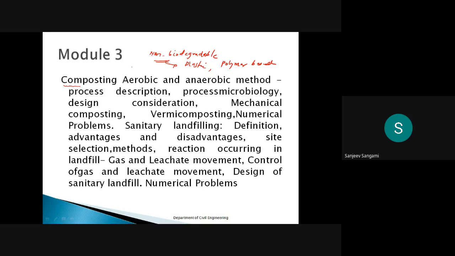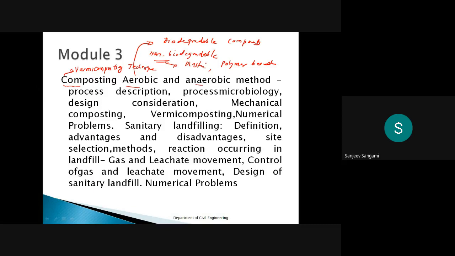In the third module, it is completely related to biodegradable components. Some of the techniques like aerobic and anaerobic methods of processing, and vermicomposting, we will discuss in this module.